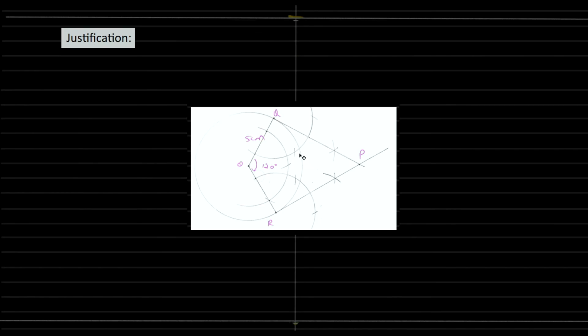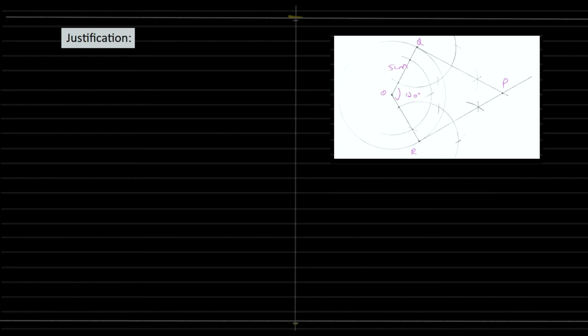Justification, this too I kept it simple. As OQ is perpendicular to PQ, this implies PQ is tangent to the circle.